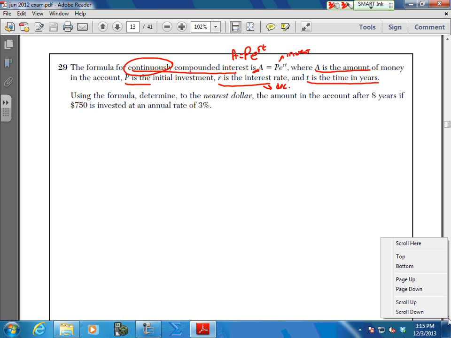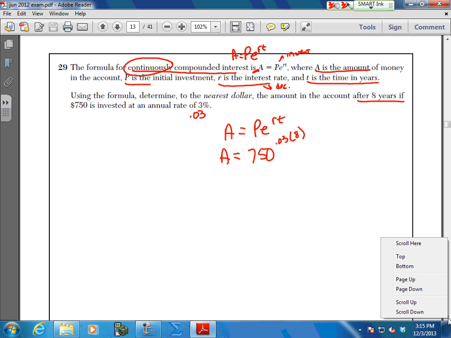So using this formula, they want you to plug these pieces in and show all substitutions. The amount after 8 years I need to know. If I put $750 in at an annual rate of 3%, which is 0.03, and I do this for 8 years.